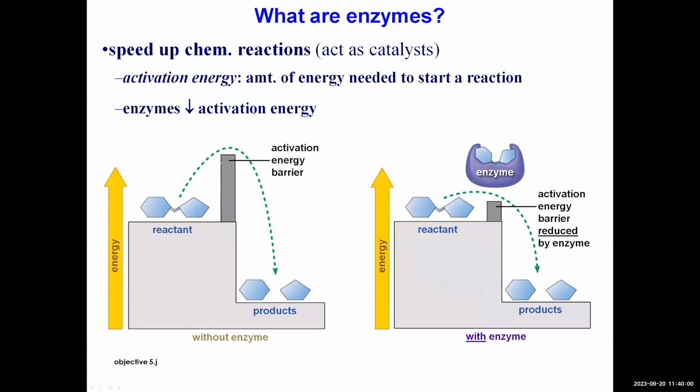You want to purchase this object, but this is the price you'll have to pay. It's going to take you less time to save up for the item if you have a coupon that lets you pay less. So you'll get the item sooner. It's the same idea. With the enzyme present, the reaction is going to happen faster and sooner. But it would have happened eventually without it.